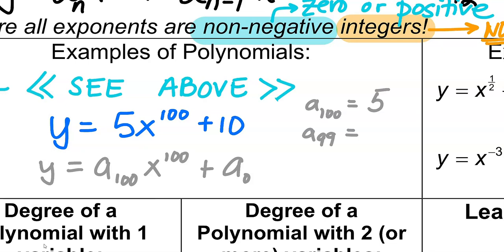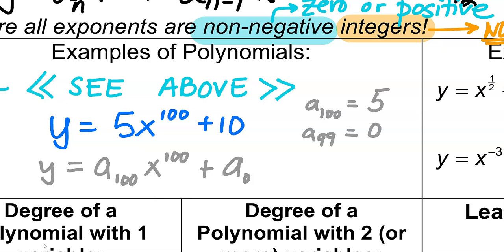Is there an x to the 99th power? No. There's not an x to the 99th power that we can see. Why? Because what's the coefficient? What's the number that you multiply times x to the 99? Wouldn't it be 0? What's 0 times x to the 99? Isn't that just 0, you guys? Okay, keep that in mind.